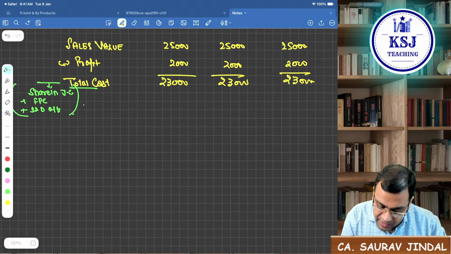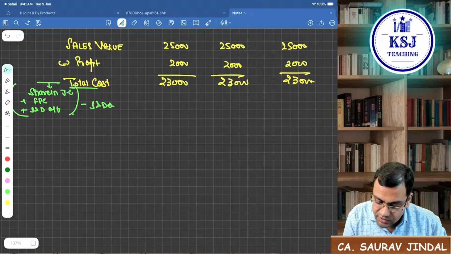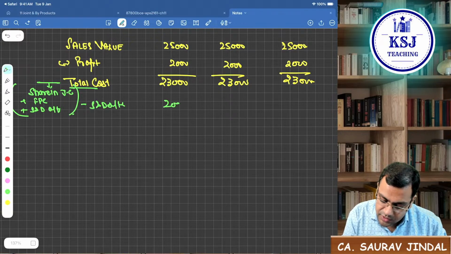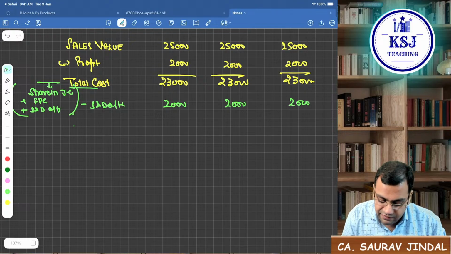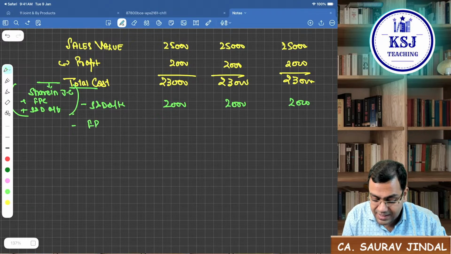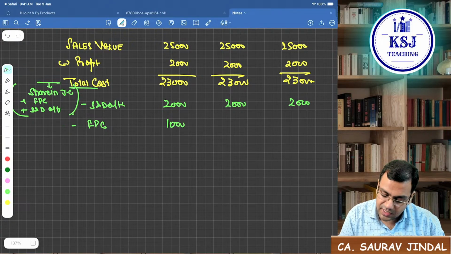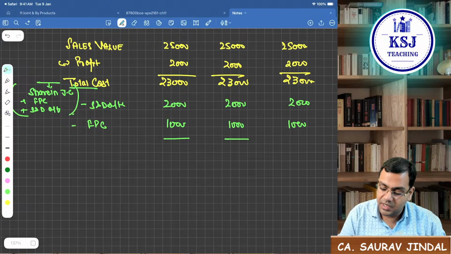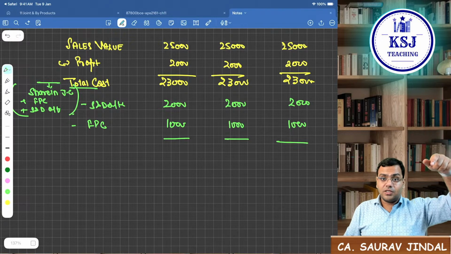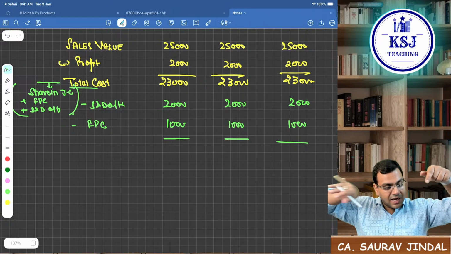So out of this total cost now, if I subtract my selling and distribution overheads, let's say 2,000, and if I subtract FPC, let's say 1,000 each, what will be left? Out of total cost, you have subtracted FPC and selling and distribution.